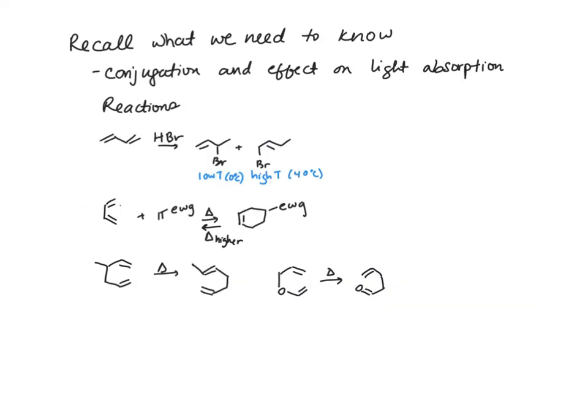Now we're to the end of our chapter, and let's look at a summary of what we need to know. We need to know the effect of conjugation on light absorption. We need to know our pi molecular orbitals.